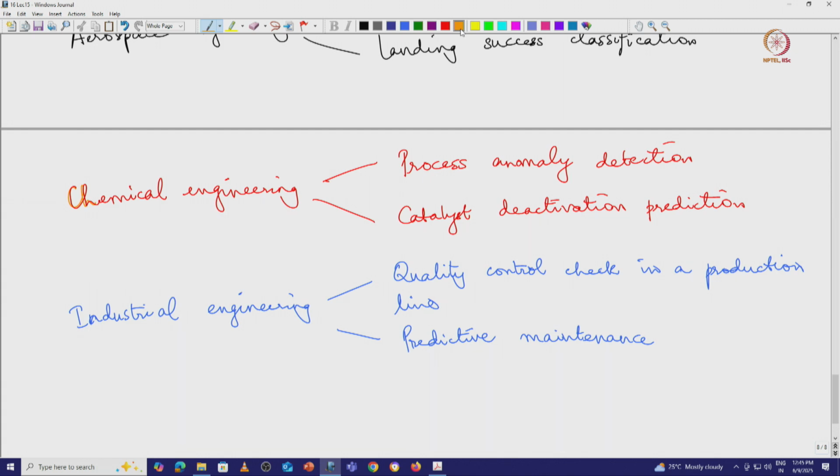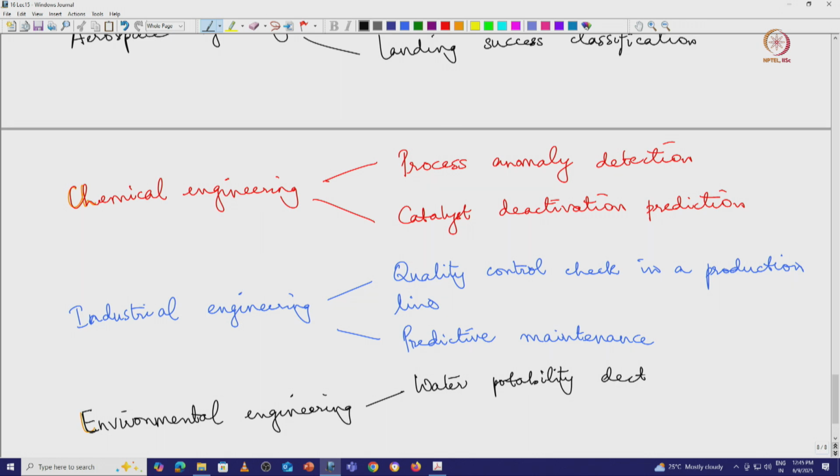And finally, I want to take one example from environmental engineering, which is also very relevant, and this pertains to pollution levels in the environment. So, in the realm of environmental engineering, you may want to detect the water quality. So, water potability detection, whether the water is fit to be drunk safely by humans.